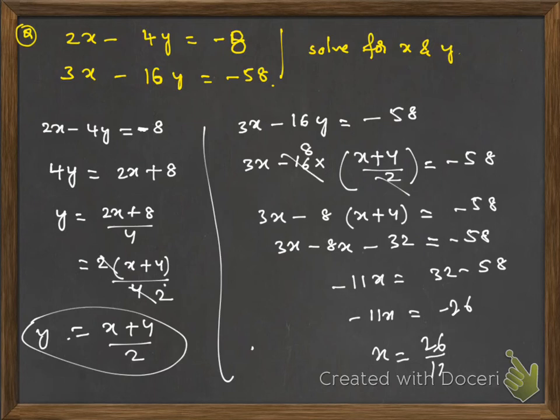No, 4y is equal to 2x plus 8. 3 2s are 6, 6 minus 48. Okay, correct. So now this is 26 by 11. Substitute it back, you will get the answer. Okay, right? So you will get the value of y.